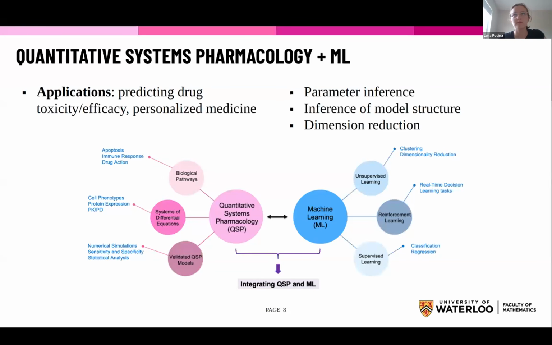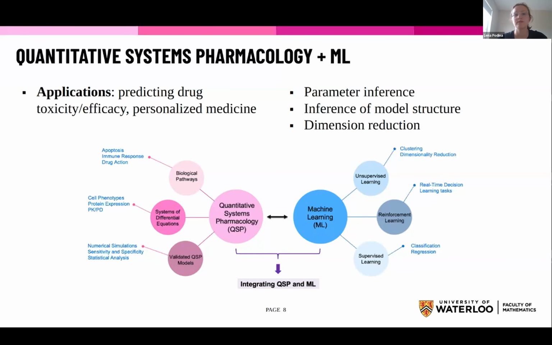Also branching off of that, we have quantitative systems pharmacology, or QSP, which is essentially mechanistic modeling in the drug development area. Applications are predicting drug toxicity, efficacy, and also personalized medicine. Again, this is a very emerging research direction.